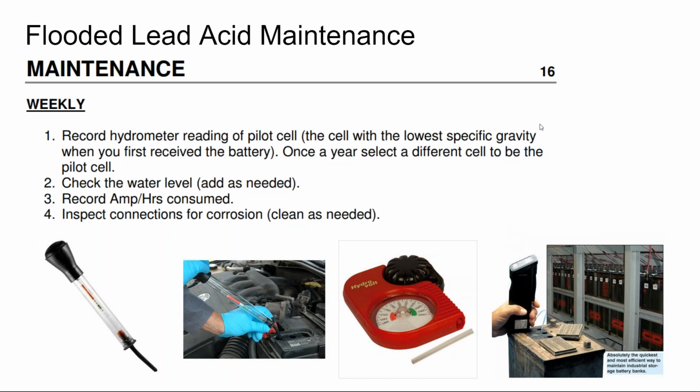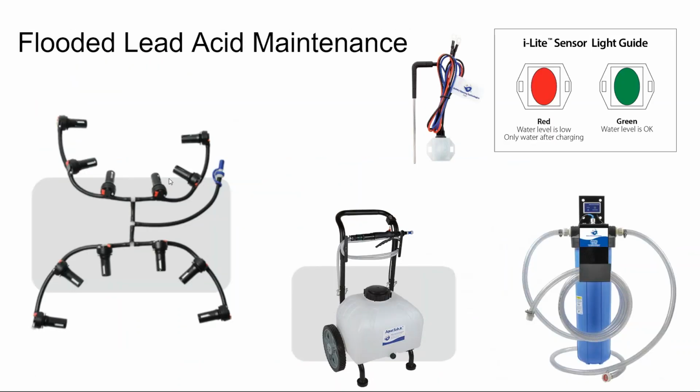The most tedious part of the battery maintenance is measuring the specific gravity of the battery. And so the battery has individual cells. See these holes inside the battery? Those holes are where the watering kit would go.